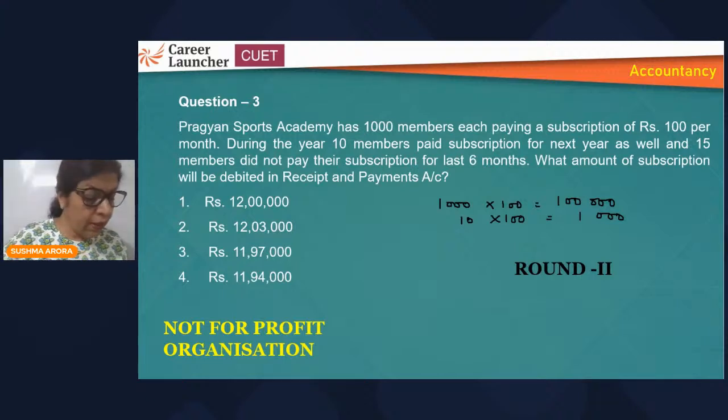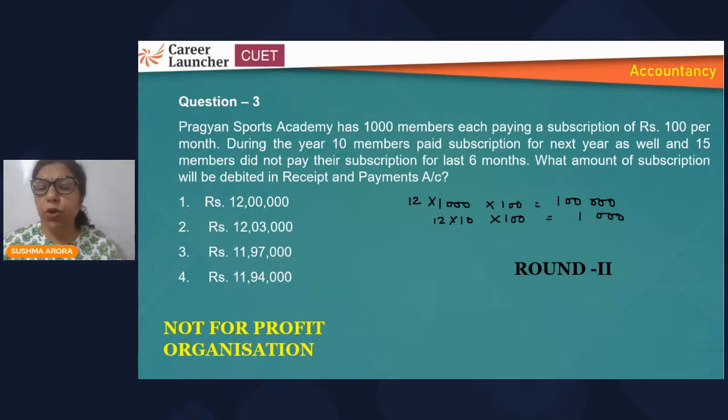Then the thing which I want to tell you, that will be per month. So what to do? Multiply by 12. This is the part which I want to explain to you.